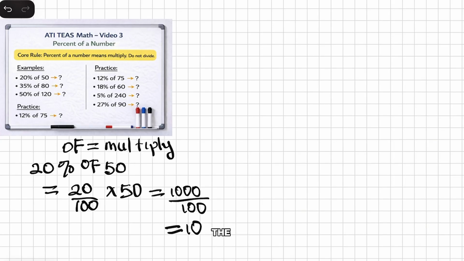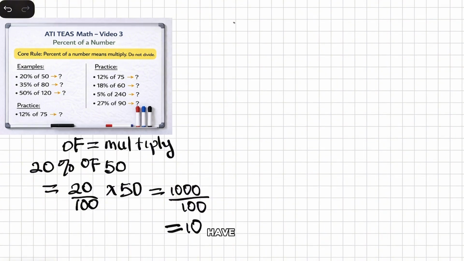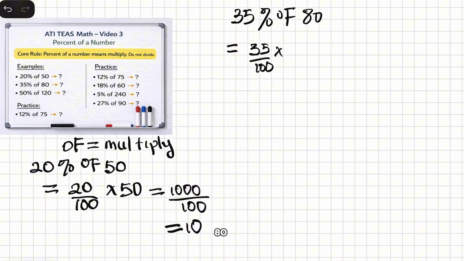Now let's look at the second example. Again, you can pause, solve it, and make sure that you're correct. We have 35% of 80. So this is equal to 35 over 100 times 80.